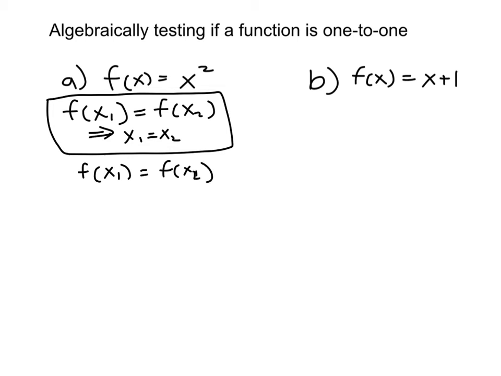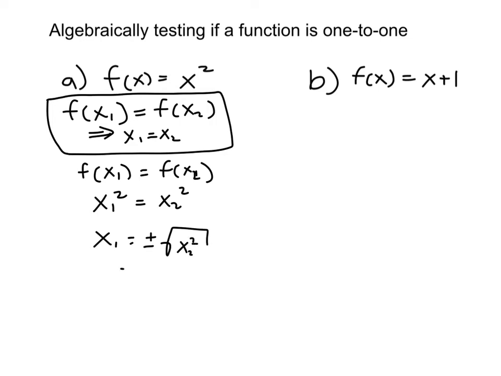Then I'm going to plug it in. So f of x1 would be x1 squared equals x2 squared. Now I'm going to try to solve for x1. To solve for x1, I'm going to take the square root of both sides. So it'll be plus or minus the square root of x2 squared.